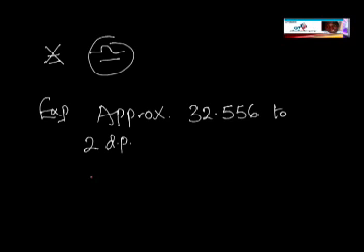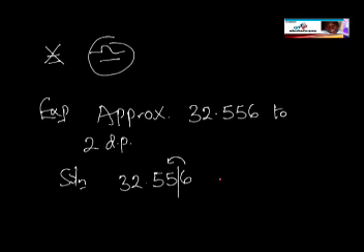Let's see, the solution here becomes 32.556. Now what is going to be our rounding off number? First and foremost, since they said to 2 decimal places, you count 2 numbers after the decimal point and take your boundary. So this is your rounding off number. Of course, it's large enough to be rounded off to 1. So you have it now as 32.56 as your final answer.